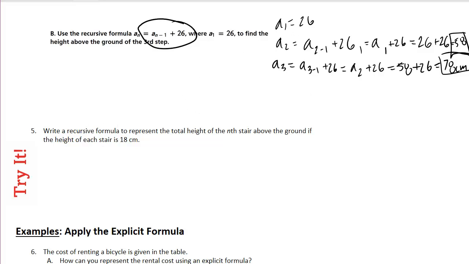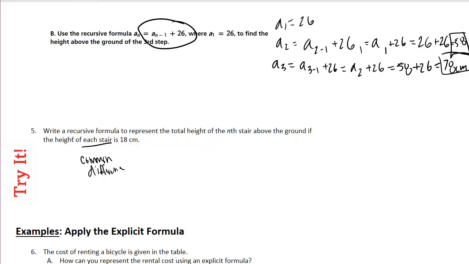Now in number 5 here, write a recursive formula to represent the total height of the nth stair above the ground if the height of each stair, so that's my common difference, is 18. And since we're talking about stairs starting at ground level, your first term, if you write the explicit formula, is probably also 18.